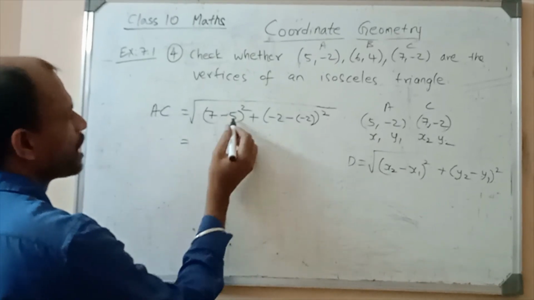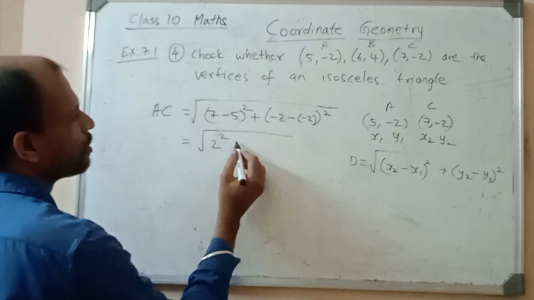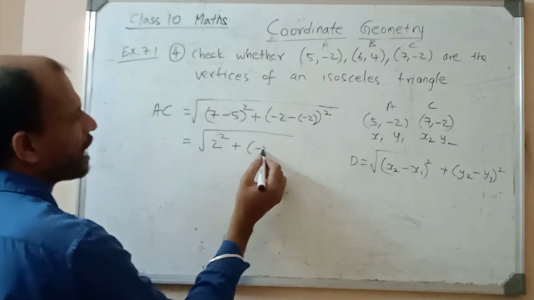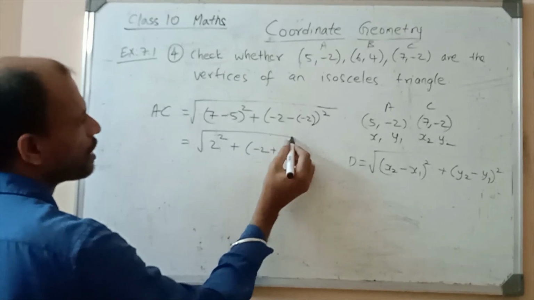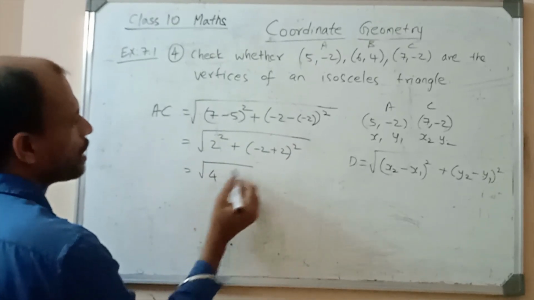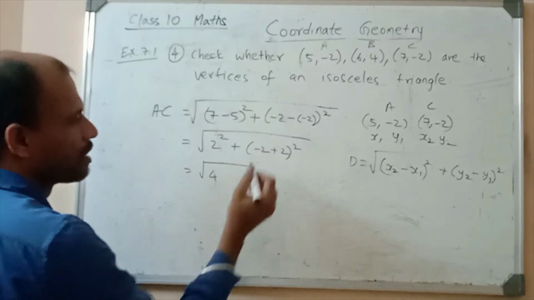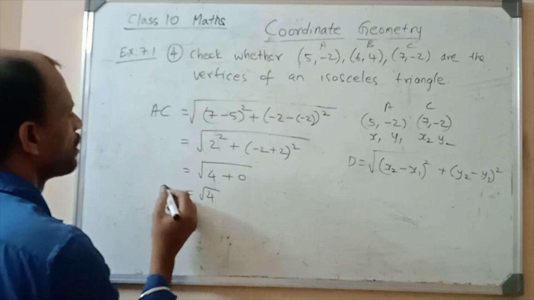Now it becomes 7 minus 5, 2 square, and then here minus 2 minus of minus becomes plus, plus 2 the whole square. So 2 square is 4, and then minus 2 plus 2 becomes 0, 0 square is 0 only. So we get root 4 only as the AC value.